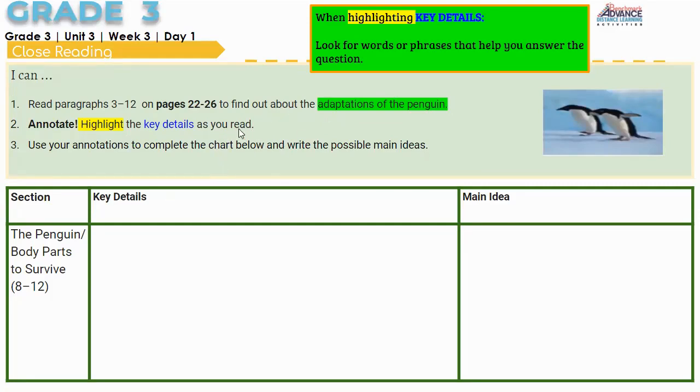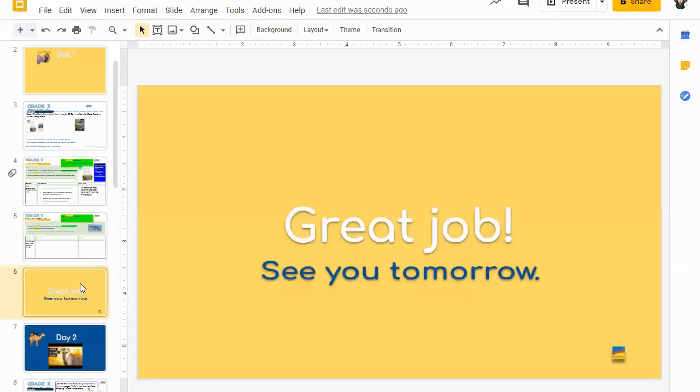I think that really helps. Once you are done highlighting, you're going to come back and fill out your chart. Okay, so transfer what you highlighted, your key details, and then use your key details to come up with the main idea. What was this section about, mostly about? Okay, and that is it for today.